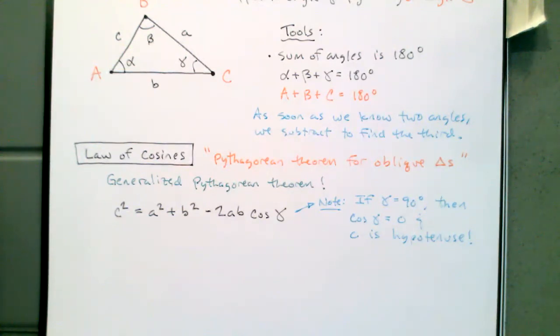But C is not the only thing that could be the hypotenuse, because gamma is not the only angle that could be 90 degrees. Alpha and beta could also be 90 degrees.